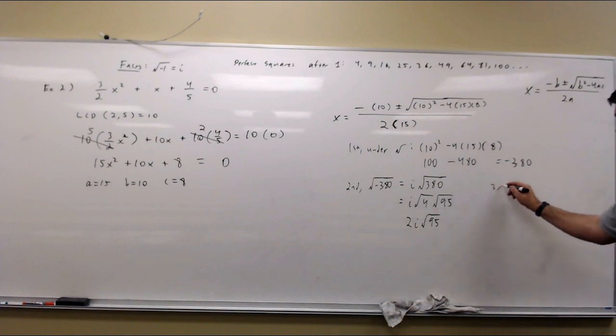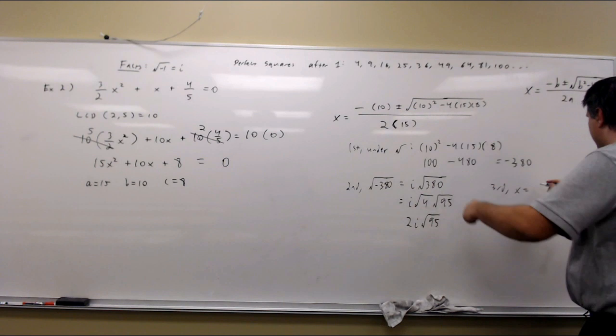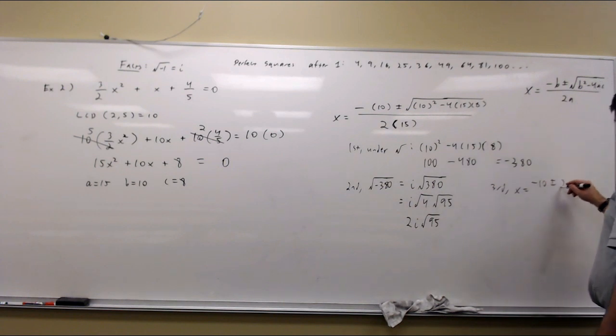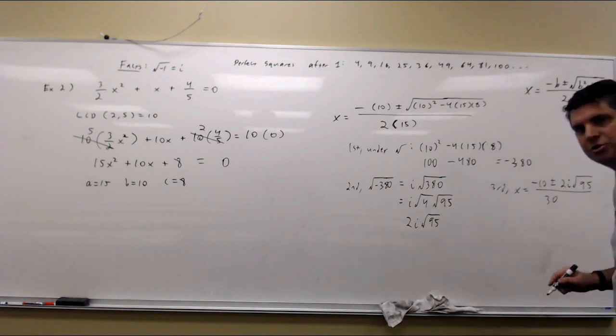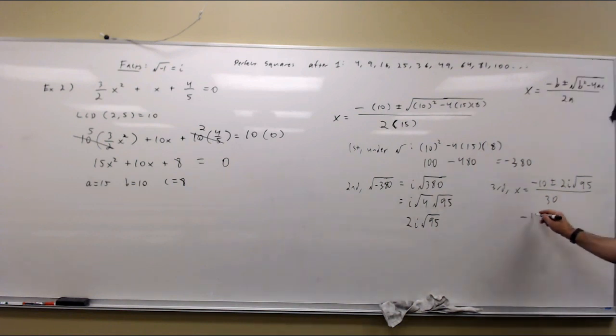So third, x equals negative 10 plus or minus 2i square root of 95, all over 30. I'm going to split the fraction, then reduce. Negative 10 over 30 plus or minus 2i square root of 95 over 30.